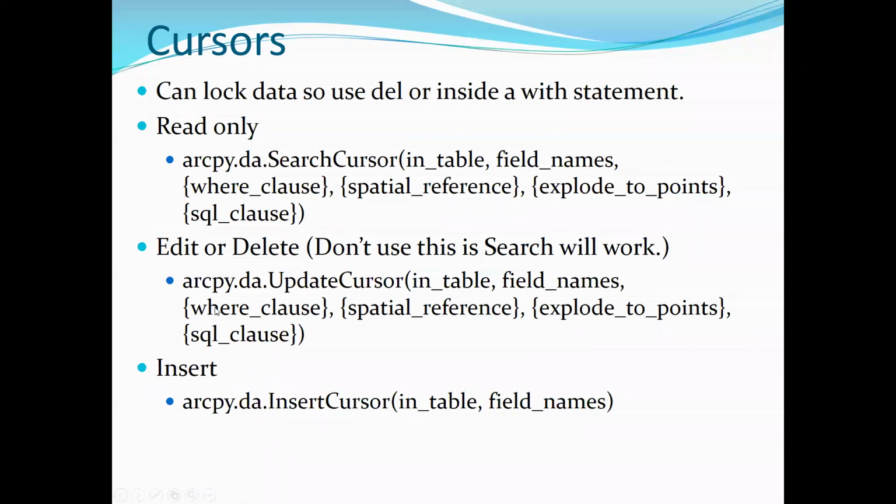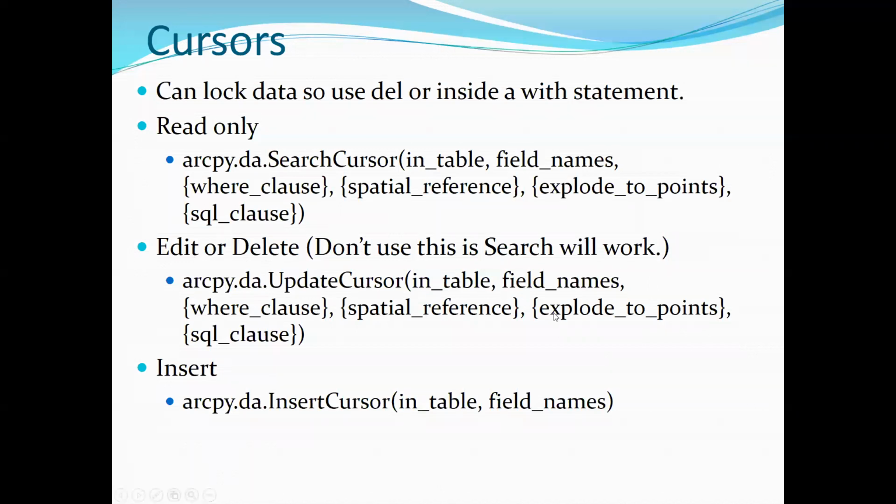The next type of cursor is the update cursor, which you use to edit or delete. Make sure not to use this if search cursor would work, because update cursor is markedly slower because you're accessing it with the edit lock. And again, it takes 2 things that are required, input and field names, and it's got the same where clause, spatial reference, and explode to points.